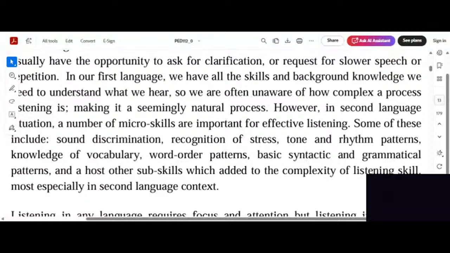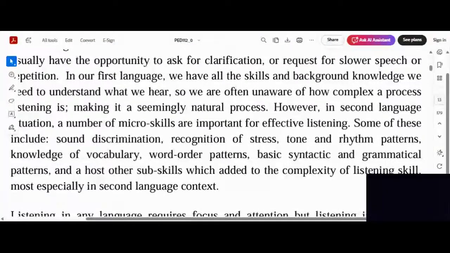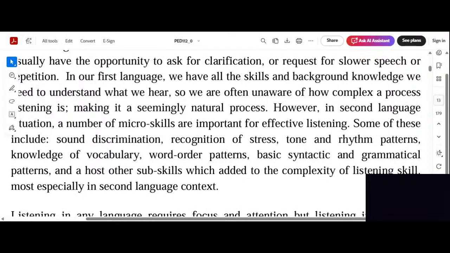That is just a simple example. There are so many examples of what happens if you don't know how to listen well to stress, especially in a language that is not your first language. You feel like there will be some misunderstanding.